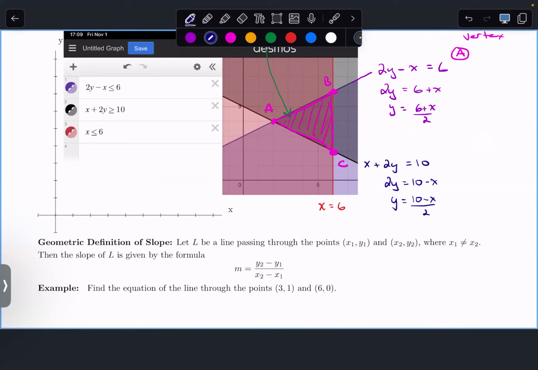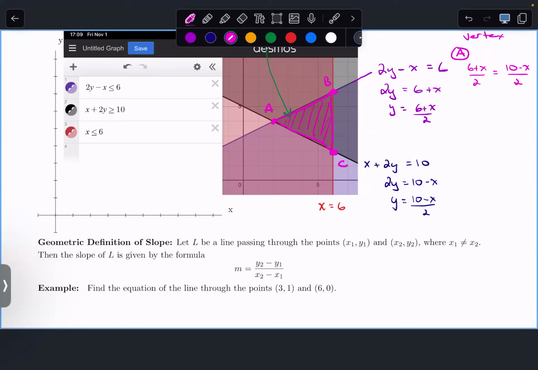So at that vertex, these y's must be the same. So I'm going to force them to be equal to each other. And I'm going to do that over here on the very right-hand side. And so I get (6 plus x) divided by 2 must be equal to (10 minus x) divided by 2.